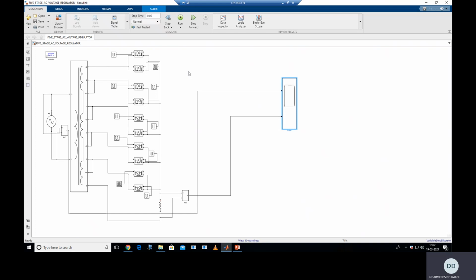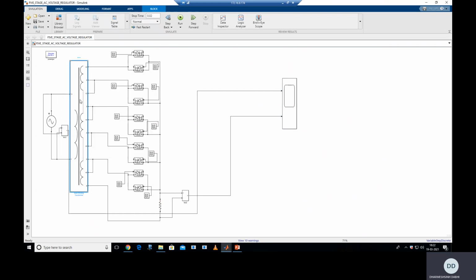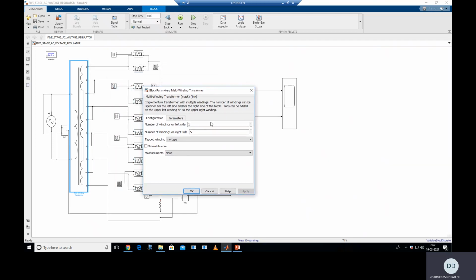Here I use the 5-stage AC voltage controller, with supply voltage of 325 peak voltage, 50 Hz. Again I take here the multi-winding transformer. So select the number of secondary windings. Here I select 5 secondary windings because I have taken 5 stages. If you want 10 stages, select 10 secondary windings.